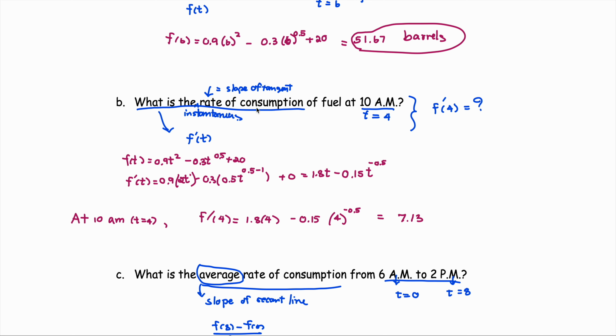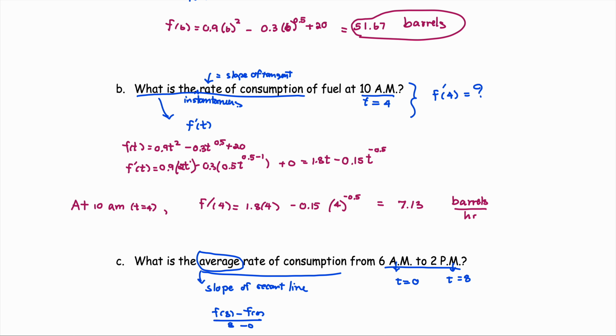The unit is going to be the unit of the rate of consumption, rate of change. The numerator is the total consumption, which is barrels, per change in time, the time in hours, so per hour. So every 1 hour, the rate increases by 7.13 barrels.